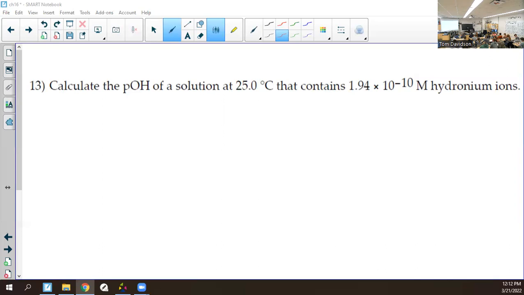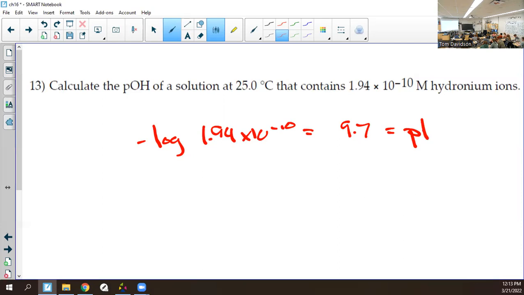All right, we should definitely be done with this by now. The way I would do it, and there's more than one way, I would take the negative log of 1.94 times 10 to the negative 10. Did anyone do that? What did you get on the calculator, Wayne? 9.7. Okay, now that is the pH, correct? So now I just need to take 14 and subtract 9.7. 4.3 would be the pOH.